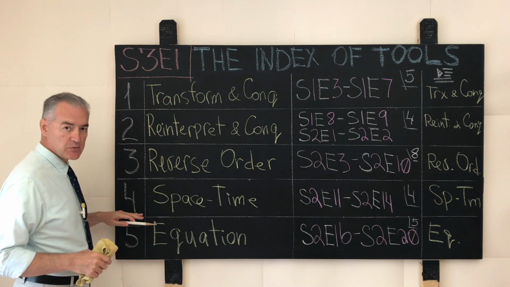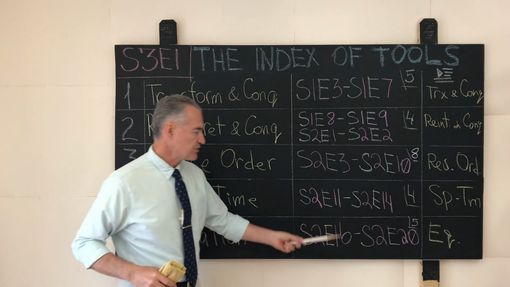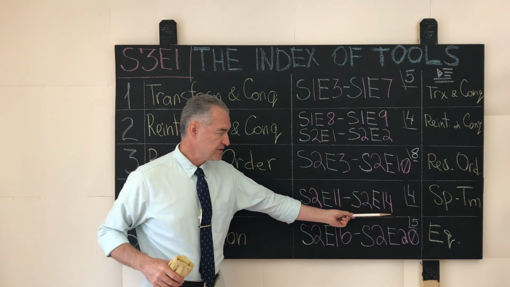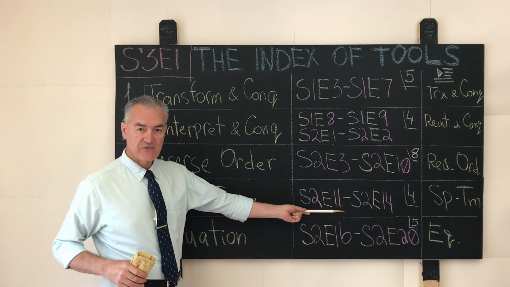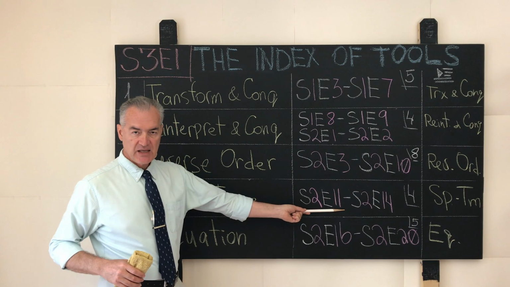Space-time was the 4th problem-solving approach that we studied across 4 episodes, starting with Season 2, Episode 11 and ending with Season 2, Episode 14. If you want to hear the mechanics of how this approach works, find and watch Season 2, Episode 11.